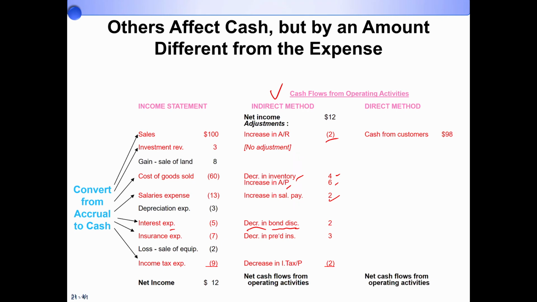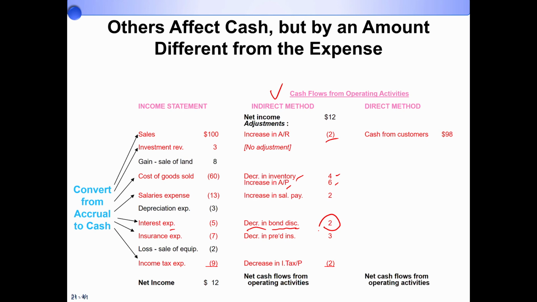It's a contra account, so it's just the opposite. For a normal liability, if it decreases, you need to subtract, but this is a contra account, that's why you add. So you add 2 here to the net income.